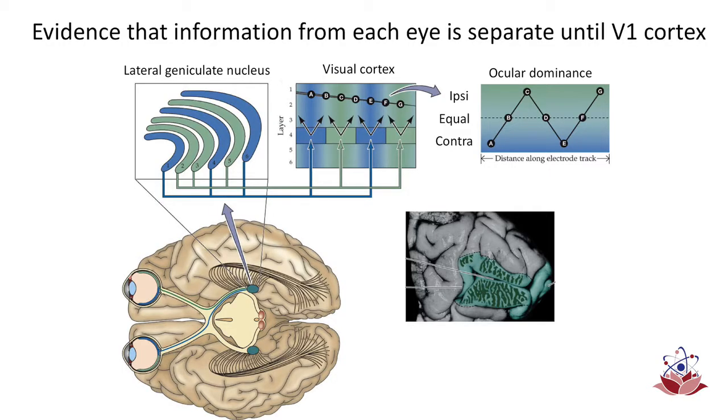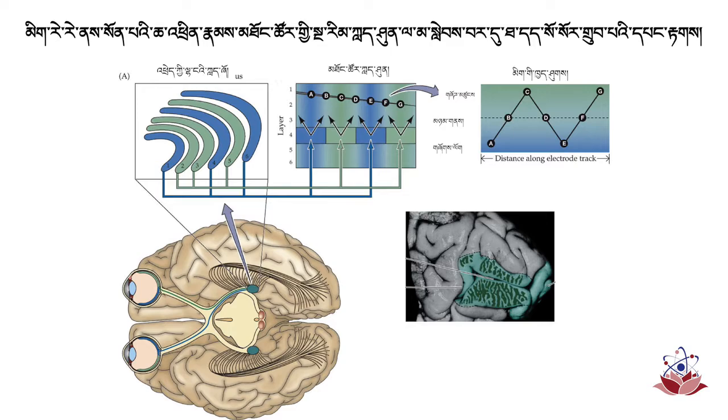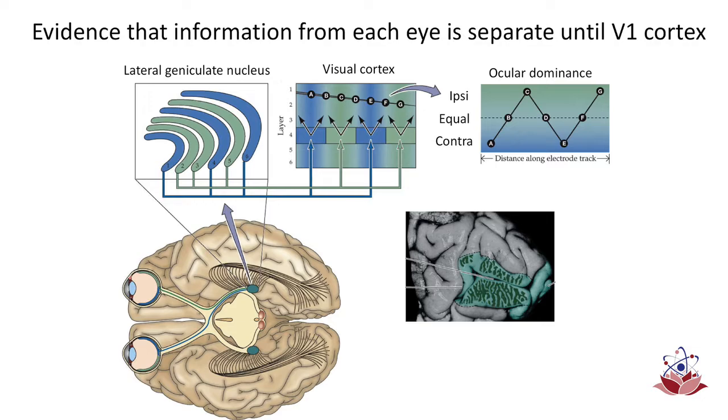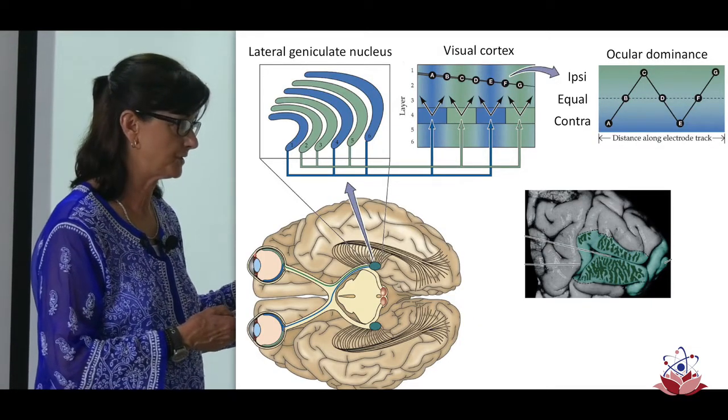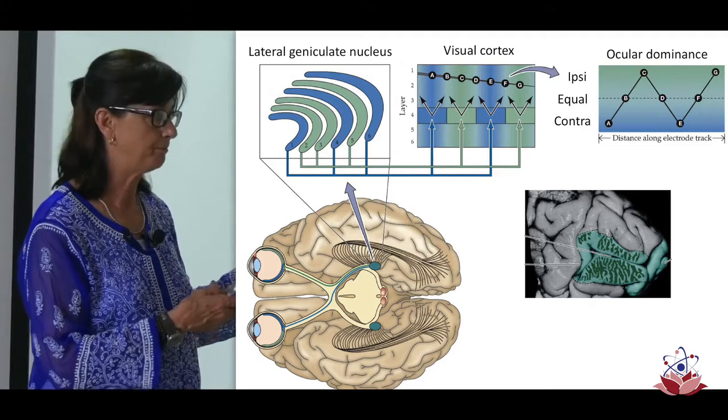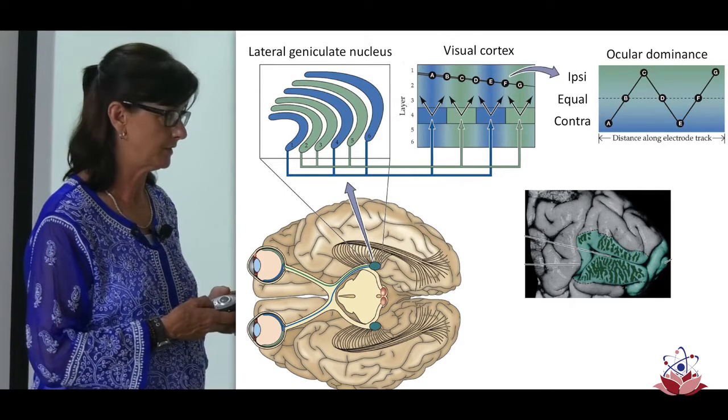So this complicated slide is showing what we call ocular dominance. And it's trying to show the underlying neuroanatomical connections that are responsible for binocularity or binocular neurons.